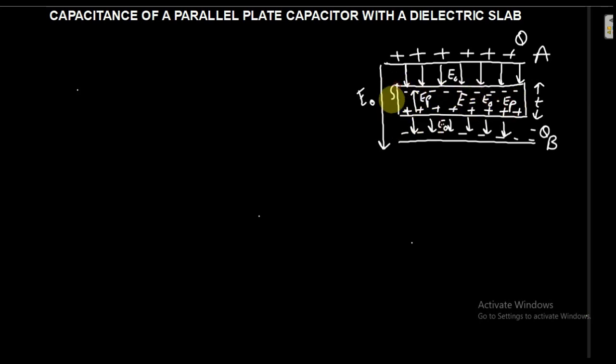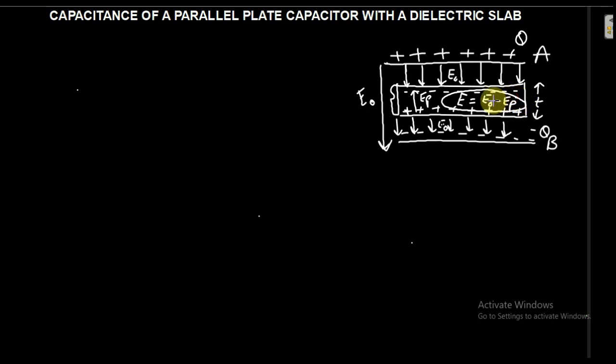Net field inside this region is E naught minus EP, because both directions are opposite. This side E naught and this side EP. So the net field direction will be toward this side, because this E naught vector is greater than the smaller EP vector. So this is your net field inside the dielectric.